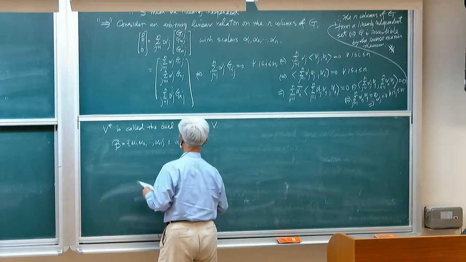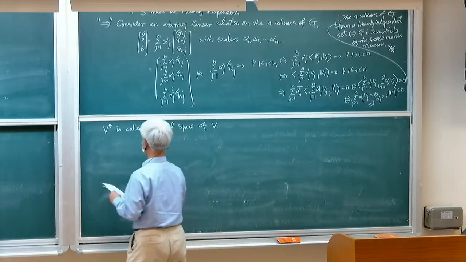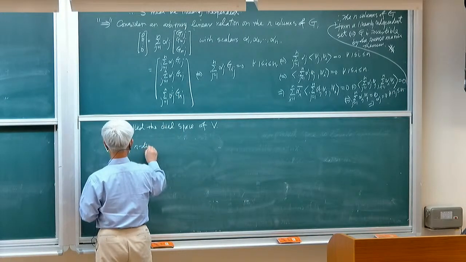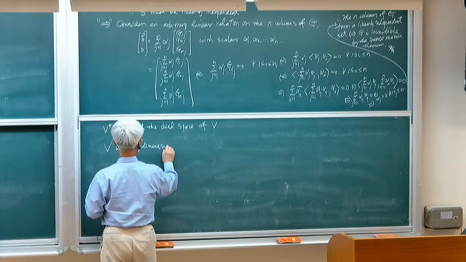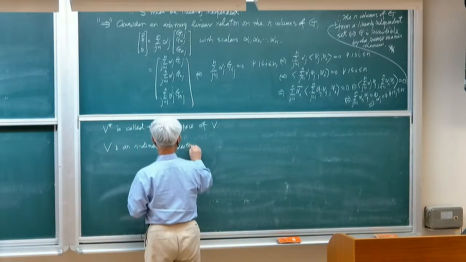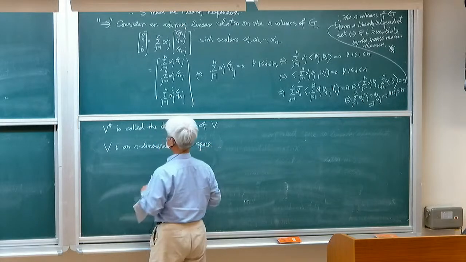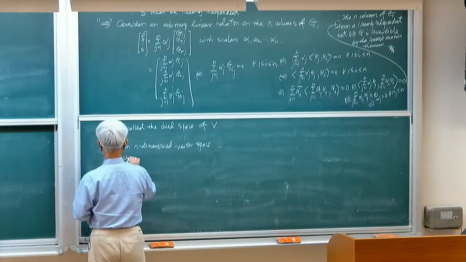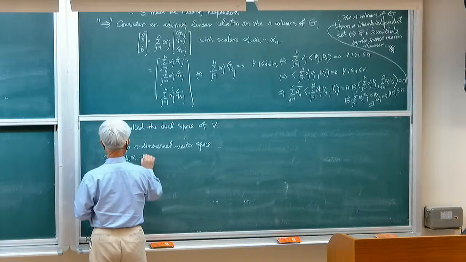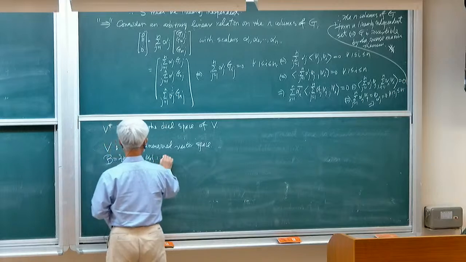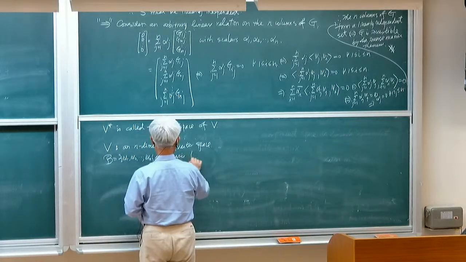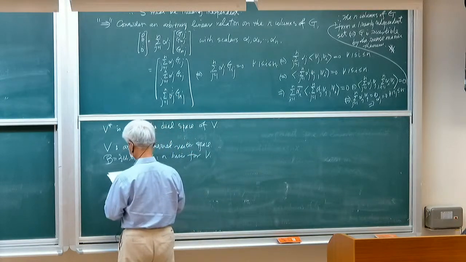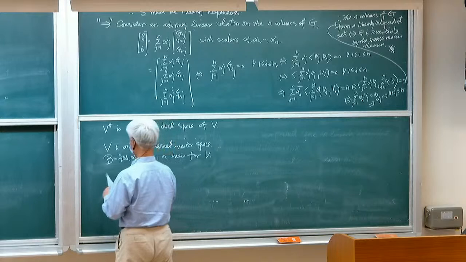Okay, sorry, maybe I say, first V is n-dimensional. So we consider an n-dimensional vector space. Right. And B = {u1, u2, up to un} is a basis for V. All right.